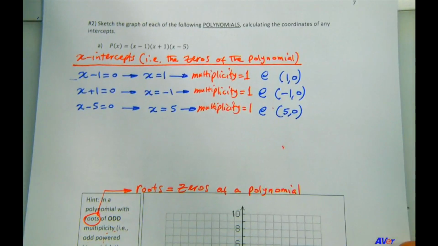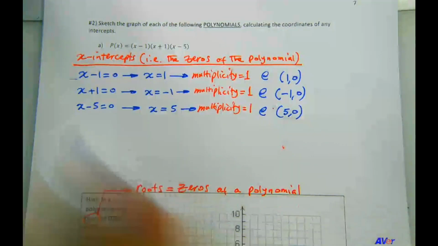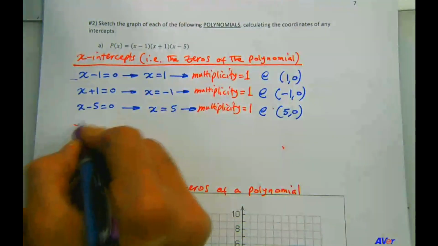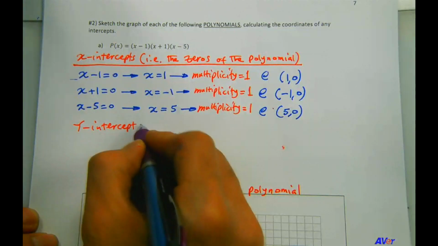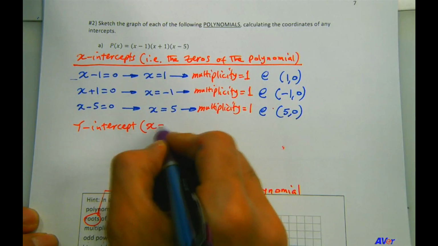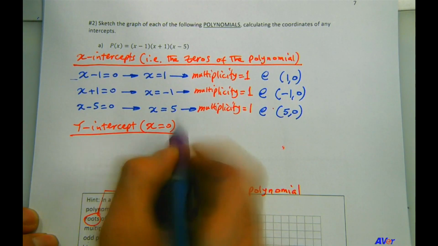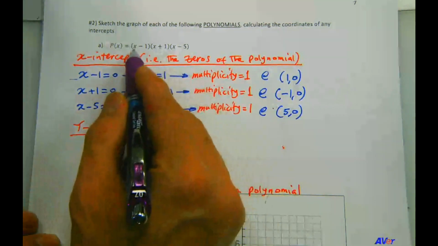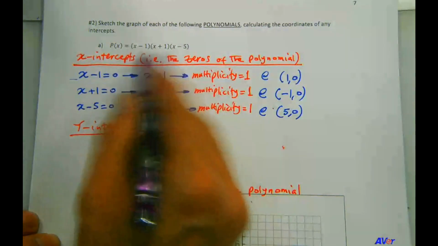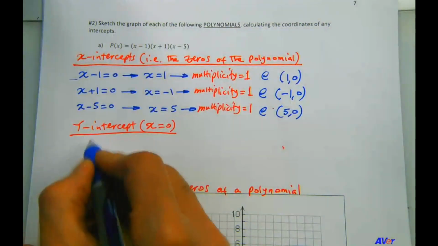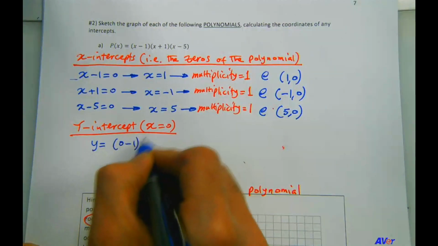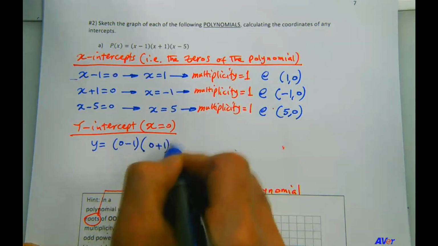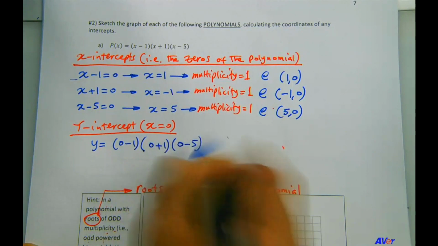Okay. All right. So let's find the y-intercept. That's when x equals 0, right? We can easily find that. Let's just replace x with 0 in all these factors. So we have y equals 0 minus 1 times 0 plus 1 times 0 minus 5.